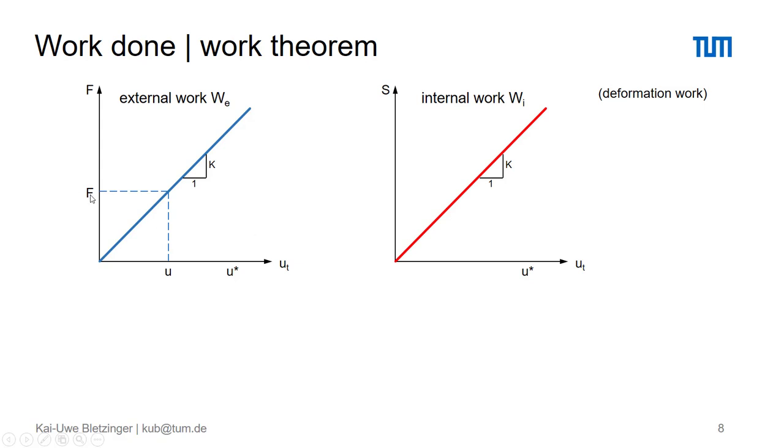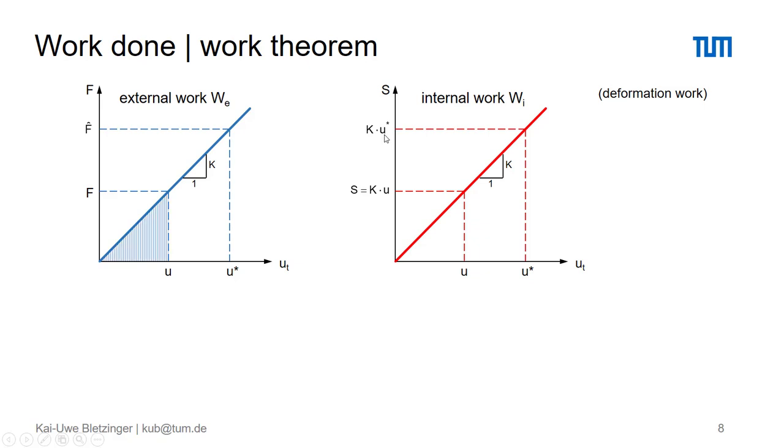And we have these relations between the actual force and the actual displacement, and the actual internal force through the spring law to the actual displacement U, as well as to the final value F hat, the intended value, and the final displacement U star, and the final internal force S equal to K times U star from our material law.